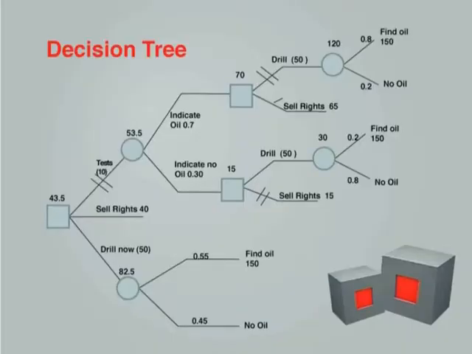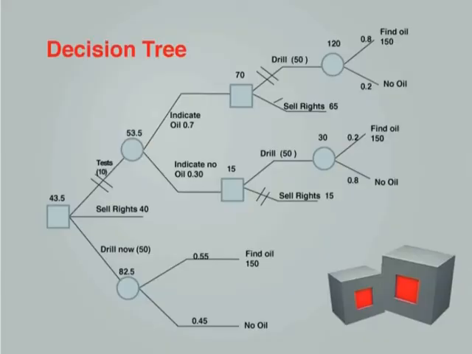The other option is that we start drilling straight away. We may have to spend some $50 million here, and if we do that, there are two things that may happen. The circle that you see indicates that the outcomes after this are not confirmed, but there is a probability associated with that.